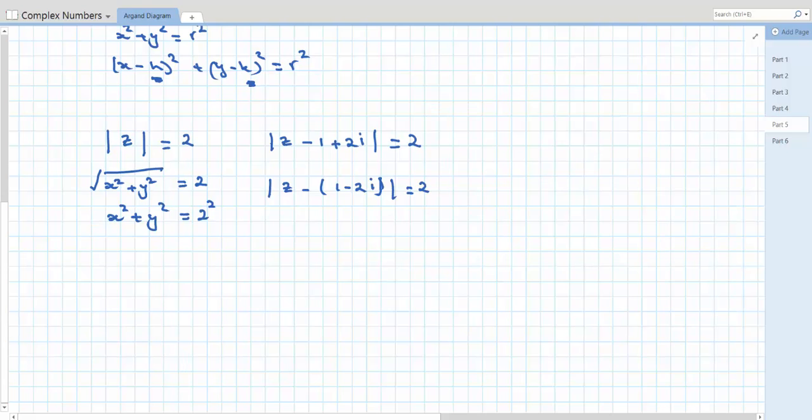This means that the real part of the center of that original circle we had from here has been shifted by 1 and its imaginary part has been shifted by 2. So this results in a circle of center 1, negative 2, but the radius remains the same.